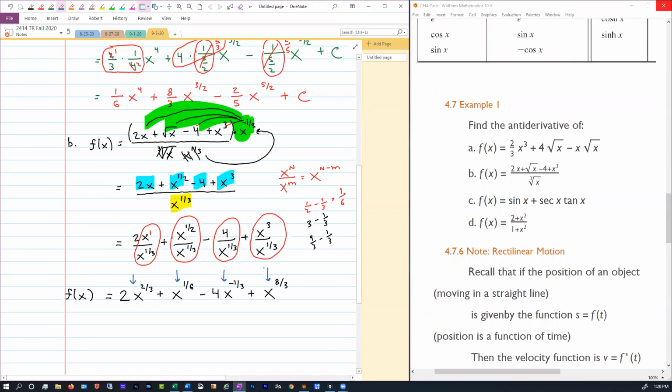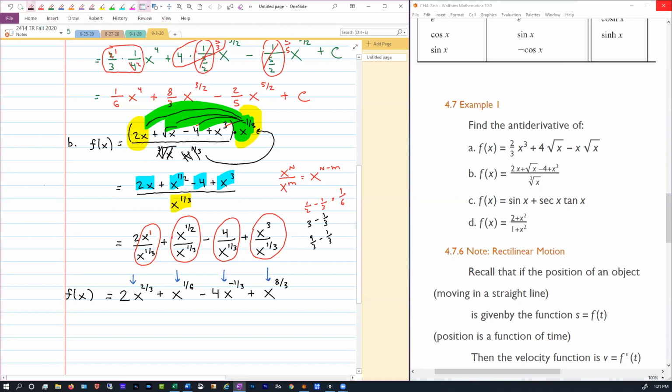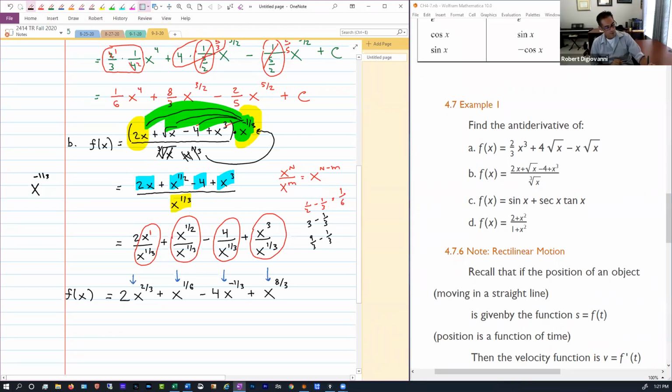On the green part you highlighted, if you were to FOIL it, would it turn into the f of x that you're doing right now, or would it turn into the fraction you have above it? No, it would turn into what I have right now. Let me just show you on just one of them. If I were to take the x to the 1/3 here and hit this 2x with it, I'd be doing x to the negative 1/3 times 2x.